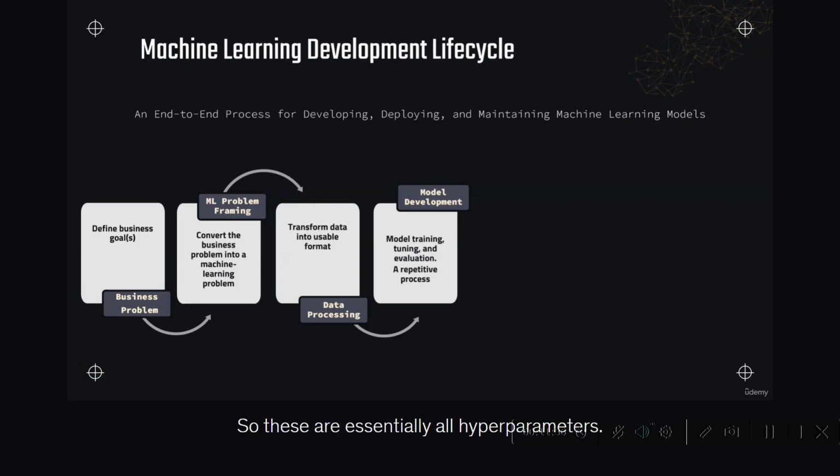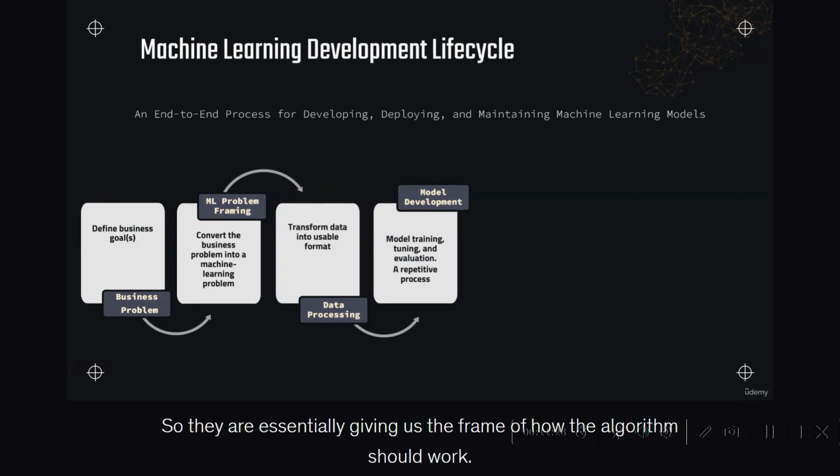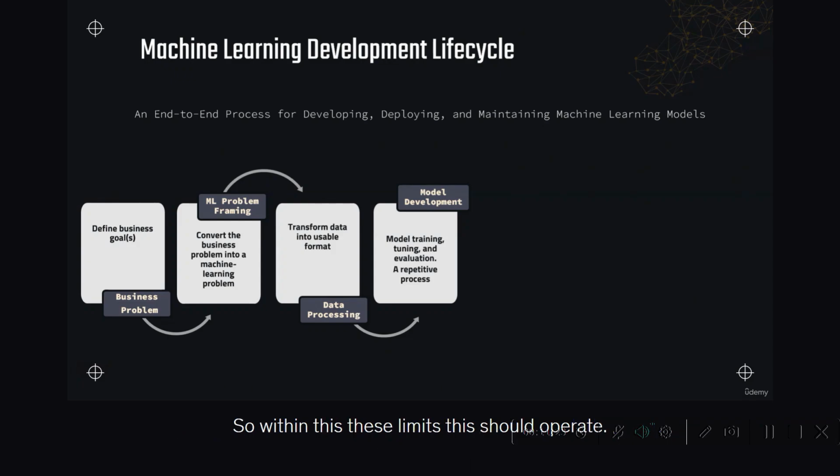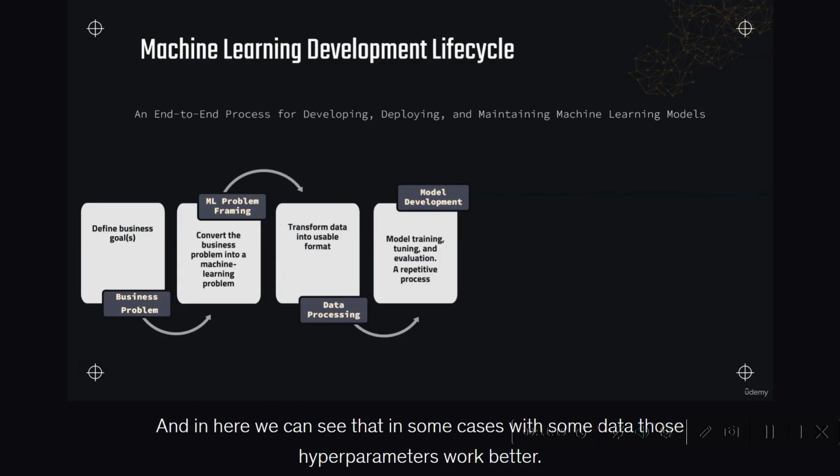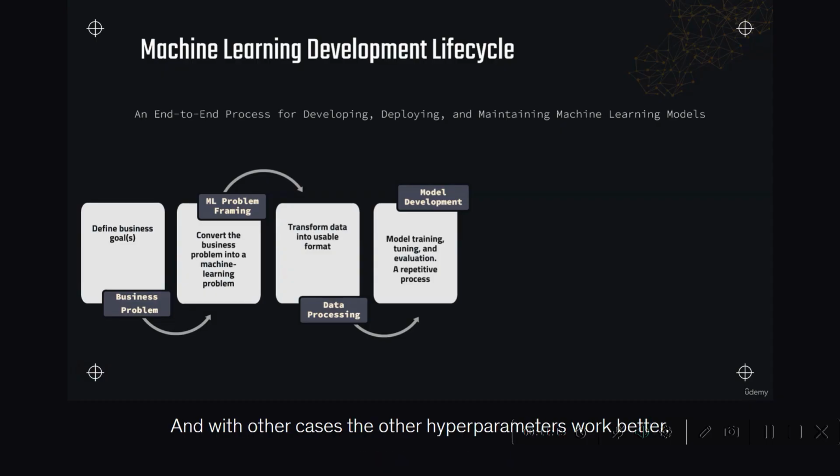So these are essentially all hyperparameters, and they are essentially giving us the frame of how the algorithm should work. So within these limits, this should operate. And in here, we can see that in some cases with some data, those hyperparameters work better, and with other cases, the other hyperparameters work better. So this is why we call it tuning.